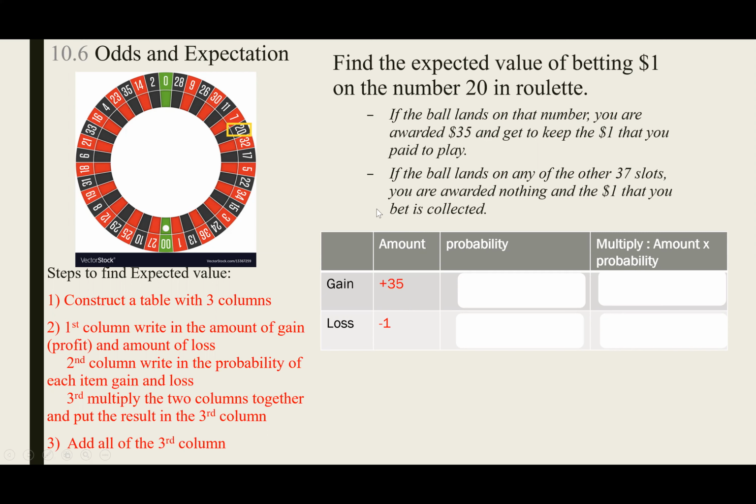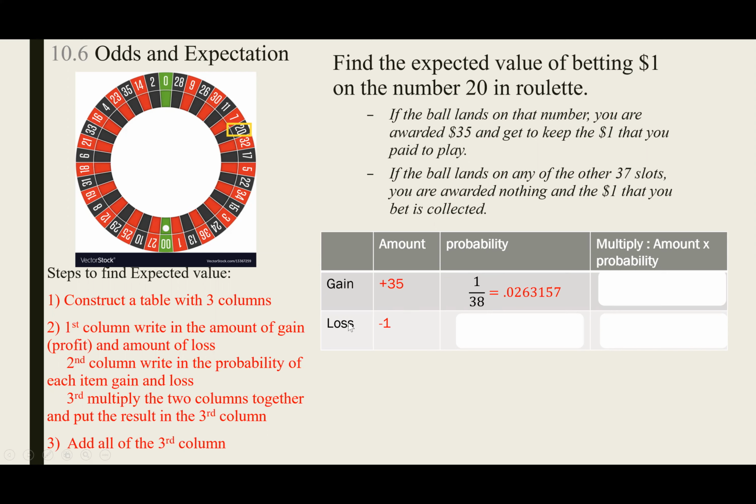The probability of winning: do you agree that I only have one number 20 out of the total of 38 numbers? Again, there are 36 numbers with the 0 and the double 0. So there are 38 slots, right? There is only one slot that I can win, which is number 20, out of the total of 38 slots. That's where my 1 out of 38 comes in.